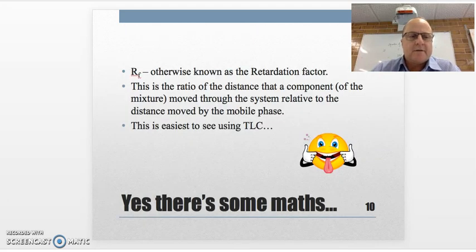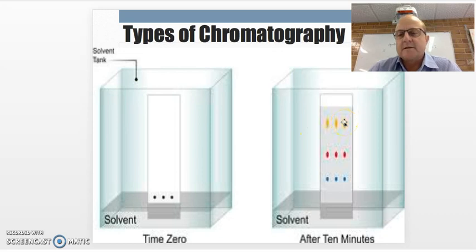So you might be thinking, just looking at this, well, big deal. All we can really do here is identify that this is more polar than that and that's more polar than that. That's not really telling us much about what's in the mixture. It just tells us that there's some things that are polar and there's some things that are less polar.